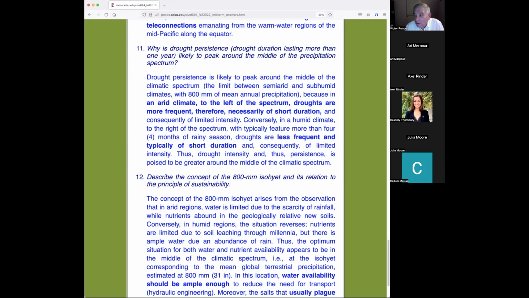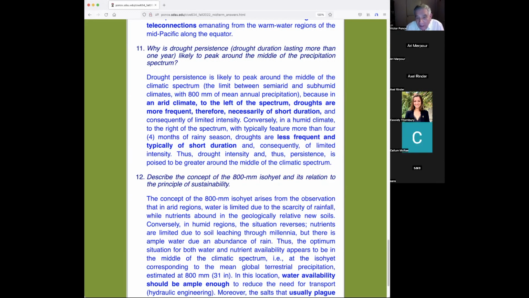Okay, so we get the conclusion that if you go wet, you're not going to have persistence because it's too wet. A place where it rains 6 months out of the year, it's going to be very hard for it to develop into a drought, you see?